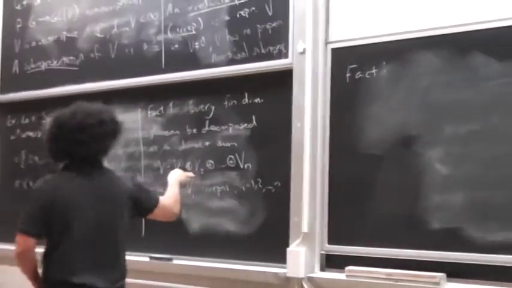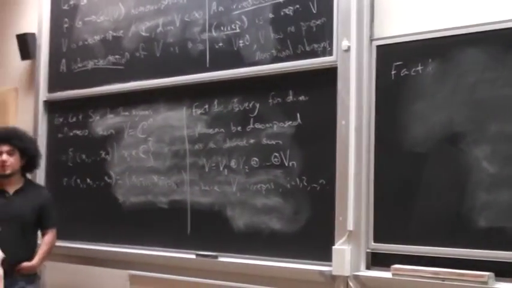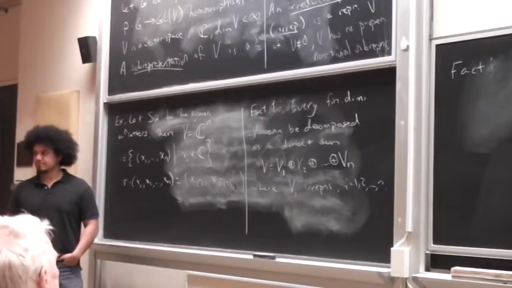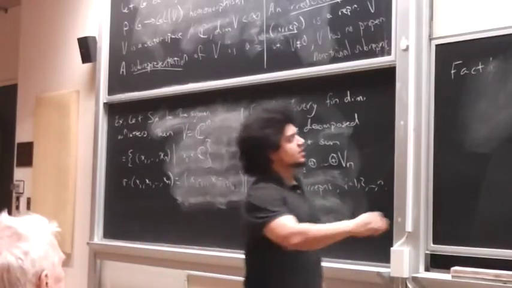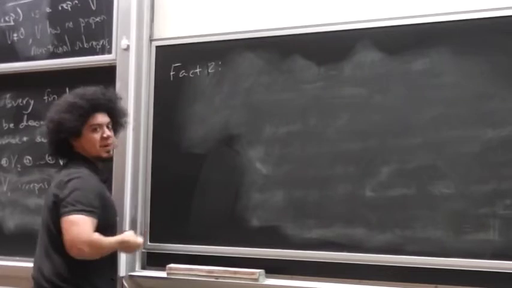Since this is true, we only care about the irreducible ones, because we can always break it down into its constituent parts. So fact two tells us the following about the irreducible ones.